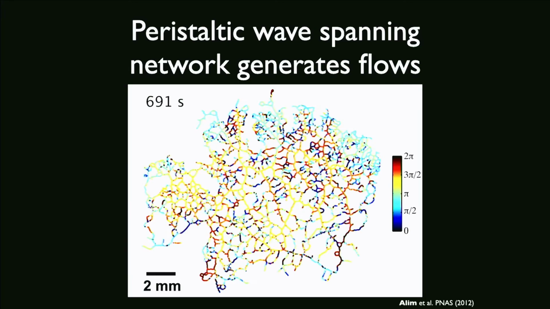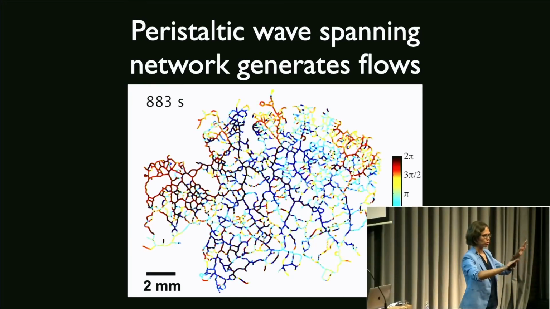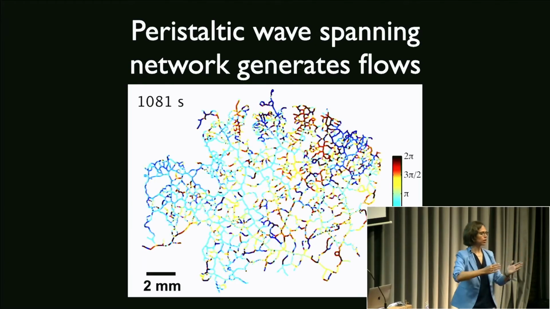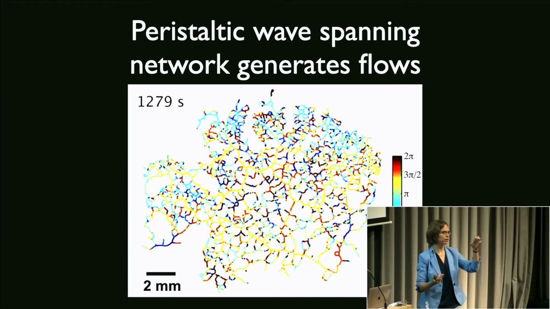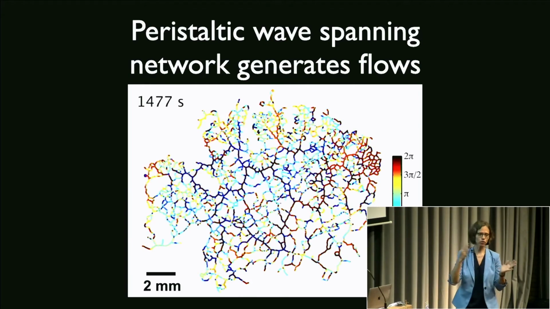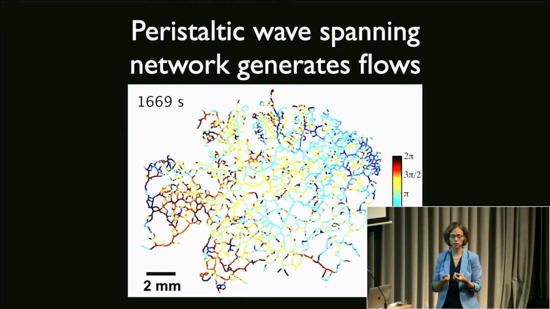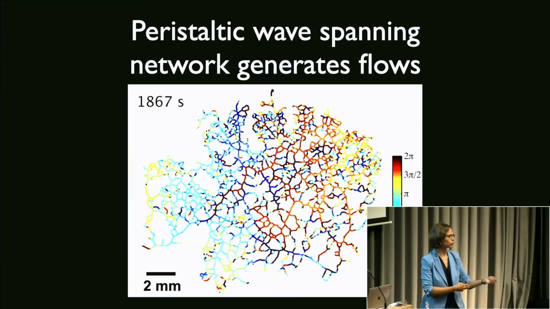And that gives rise to really a traveling wave that's driving the fluid flow throughout the network, swishing forth and back, thereby creating really the strongest flows that you could achieve by the mechanism of local pumping across this entire network.